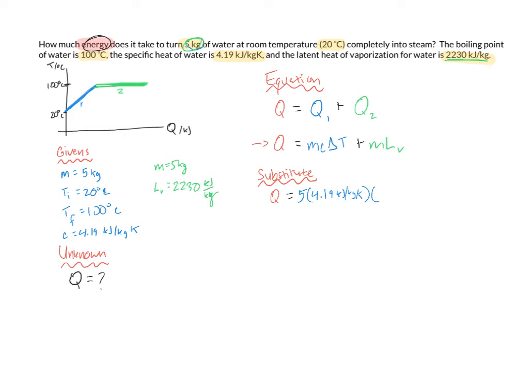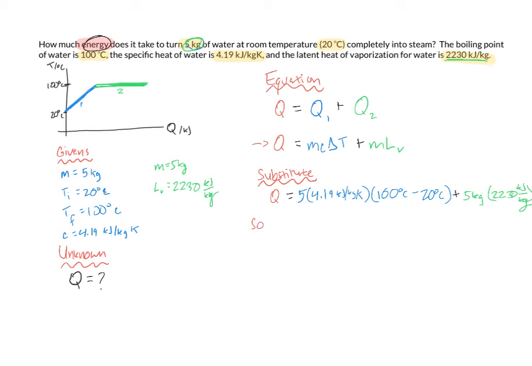And then my change in temperature is going to be T final, 100 degrees Celsius, minus T initial, 20 degrees Celsius. And to that, I am going to add my mass again, so 5 kilograms, times my latent heat of vaporization, which is 2,230 kilojoules per kilogram. And that is my expanded equation.